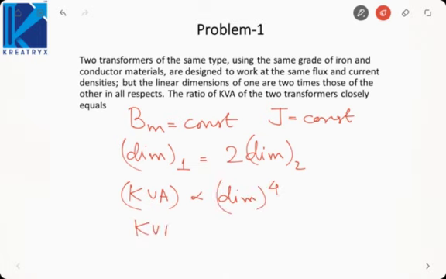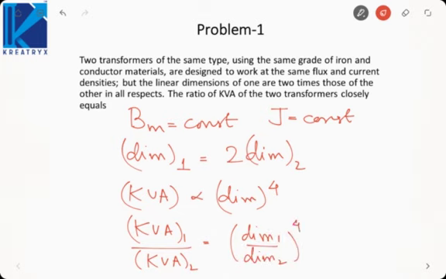That means kVA 1 by kVA 2 is equal to dimension 1 by dimension 2 raised to the power 4, equal to 2 raised to the power 4, that is 16. Okay, that means the ratio of kVA rating of both the transformers is equal to 16. The kVA rating of the first transformer is 16 times the other transformer.